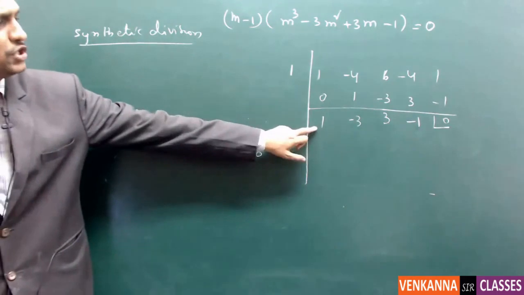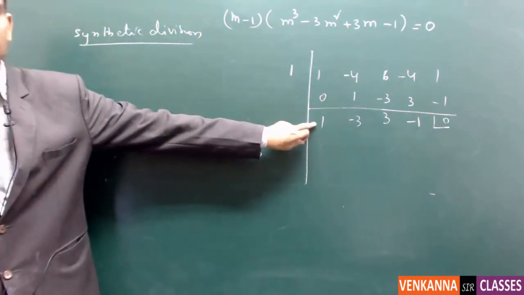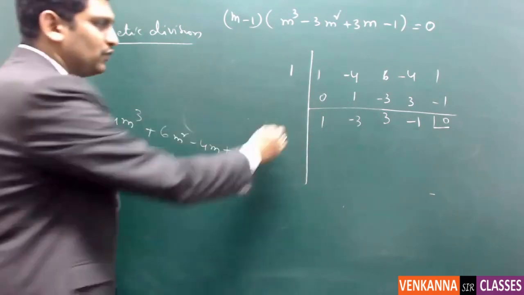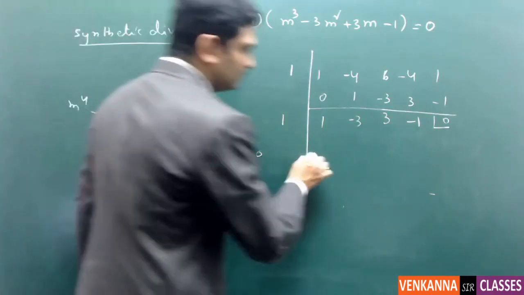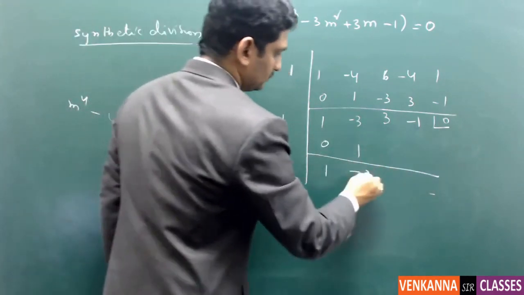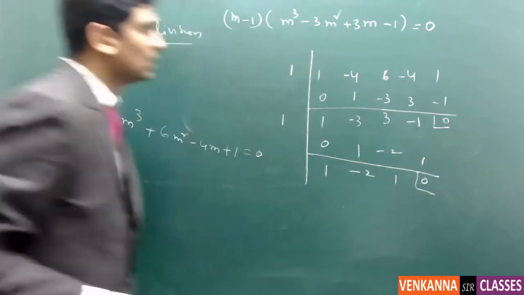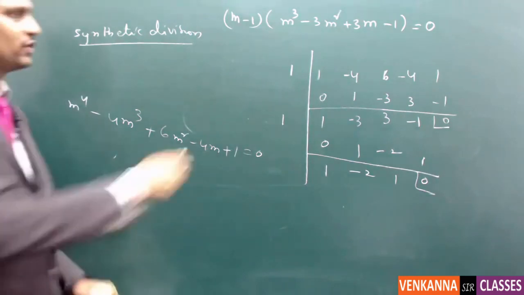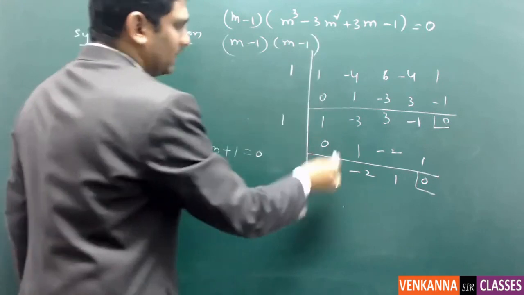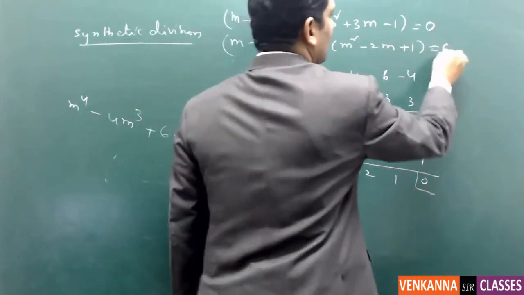At this position also, if you know the other roots, you can go further. You can check with 1, 2, 3, 4, what number will come as a root here. But if you take 1 as the root, then in the next step, you are going to write (m minus 1) into (m minus 1) into (m squared minus 2m plus 1) equal to 0.